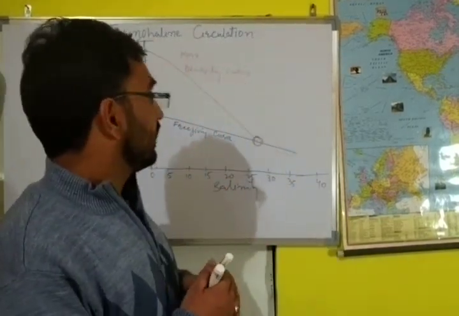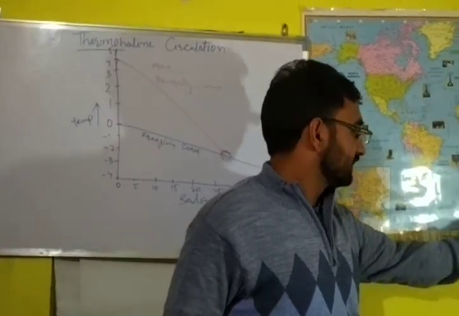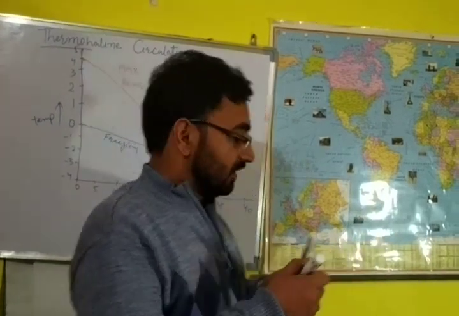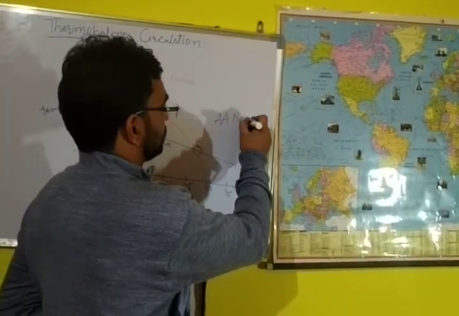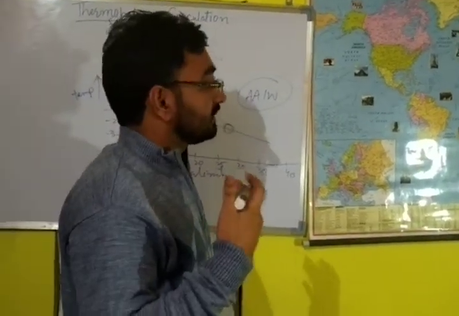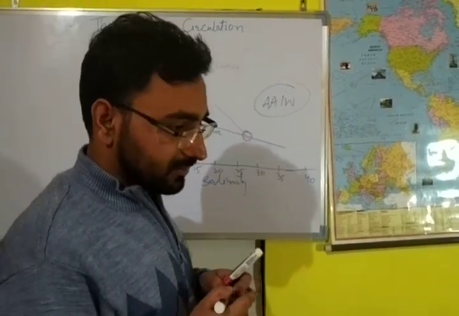So this is the way how we get North Atlantic bottom water over here, then we get Antarctic bottom water over here, and then we have again what we call intermediate water, Atlantic intermediate water. So what does this Atlantic intermediate water mean?